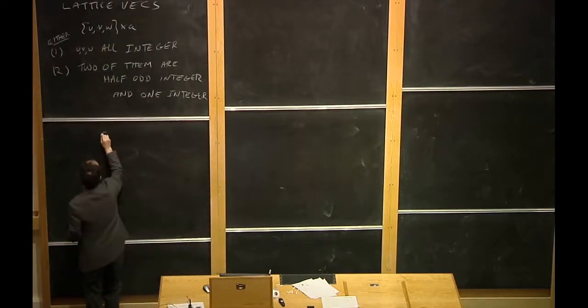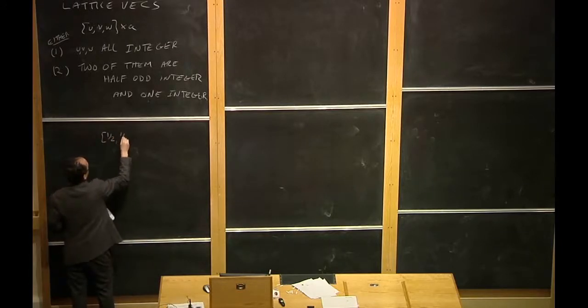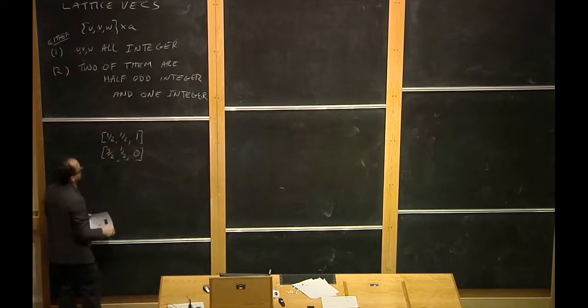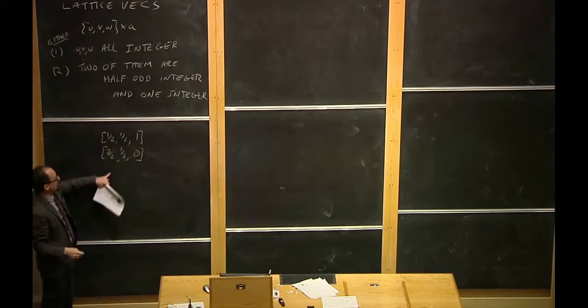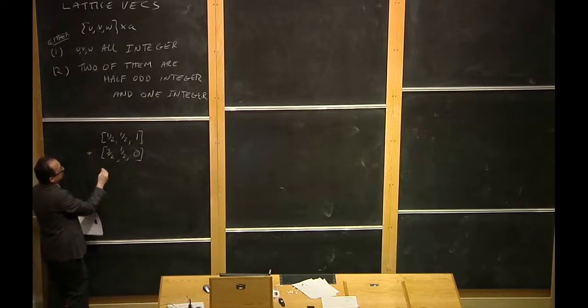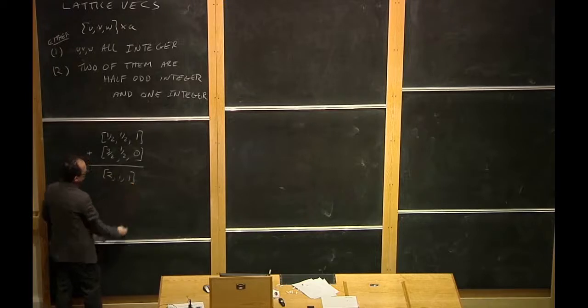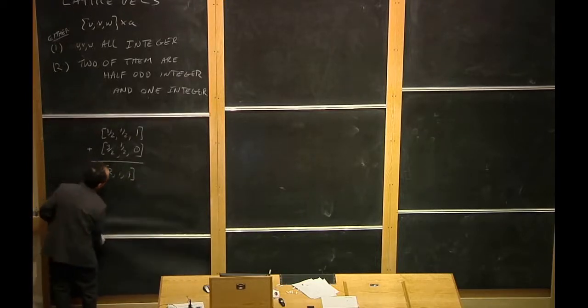So let's try. So if you have, for example, 1/2, 1/2, 1, and you add it to 3/2, 1/2, 0. So both of these are 2 of them half-odd integers, 1 of them integers. So both of these would be on the face. You get 2, 1, 1, which is all integers, and that's good. But I could have done it differently.